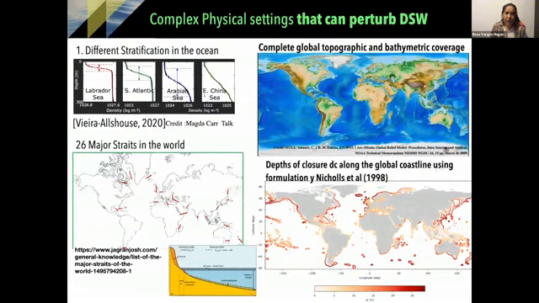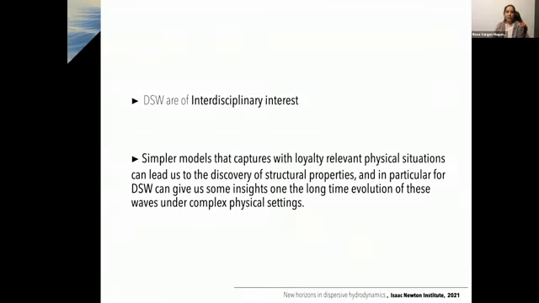We will have an accurate description of the localization and of the evolution of these bores when we can obtain accurate measurements in the ocean of these waves, and we can understand the different ways in which these waves can be perturbed when evolving in very complex physical settings, like different stratification in the ocean, or with the different bathymetry that there is in the world, and different depths along the coastal line of the world, etc.